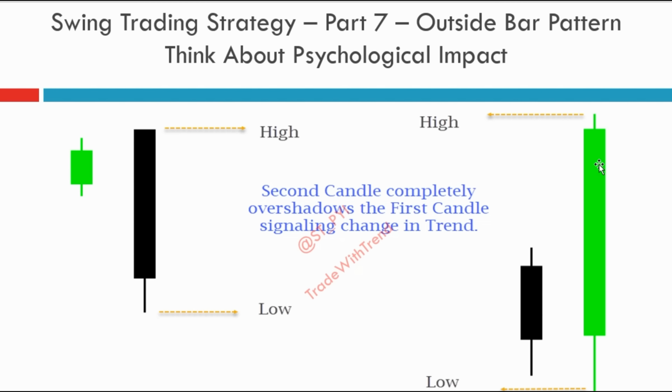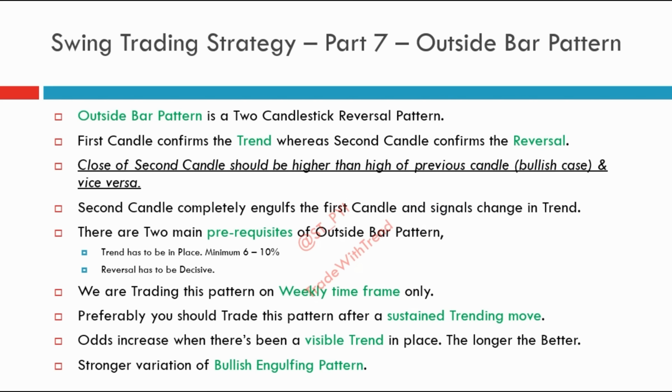That has to be conveyed in a very decisive manner. So again, we'll be trading this pattern only on a weekly time frame chart. Make sure that before you trade this pattern, there is a sustained trending move before it. And if there is a visible trending move, the larger the better, that actually increases the odds of this pattern playing out.